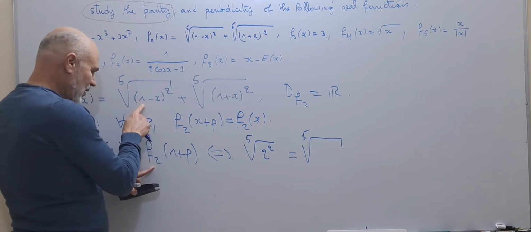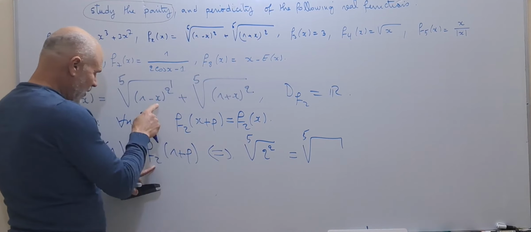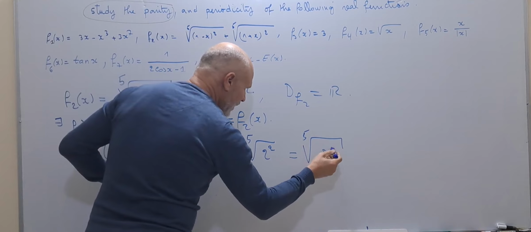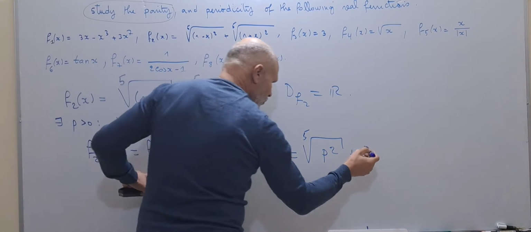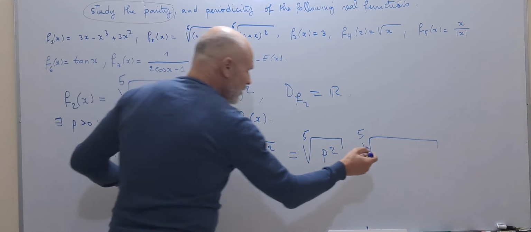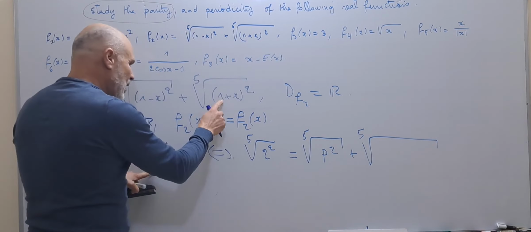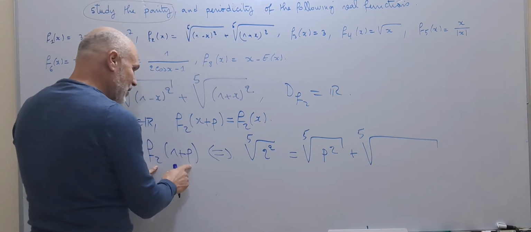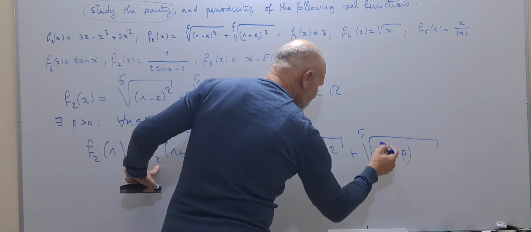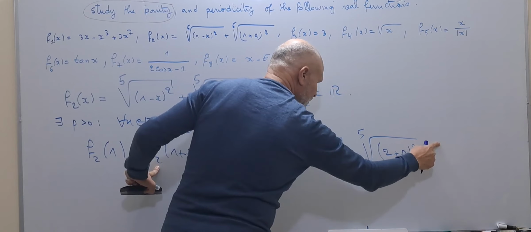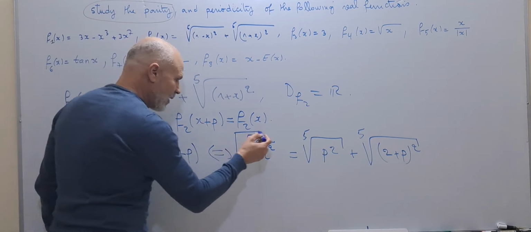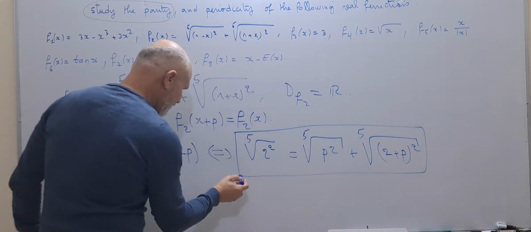This means 1 minus 1 minus p, 1 minus 1 is 0, minus p squared. This means p squared plus the fifth root of 1 plus 1 plus p, which means 2 plus p squared. We have this equation.